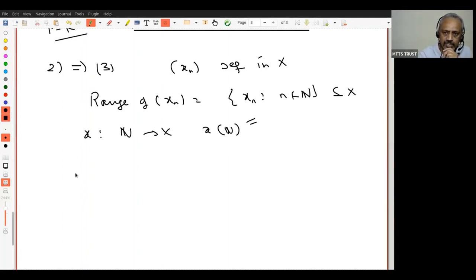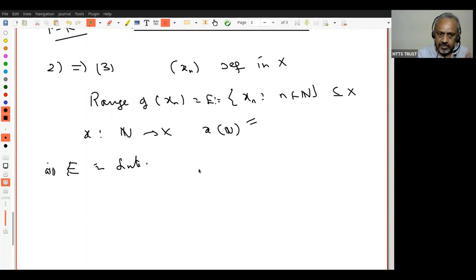So now there are two possibilities. Suppose this range, let us call this E. Suppose E is finite or E is infinite. Let us call it A and B. Suppose E is finite. What does that mean? That means some term occurs infinitely many times.